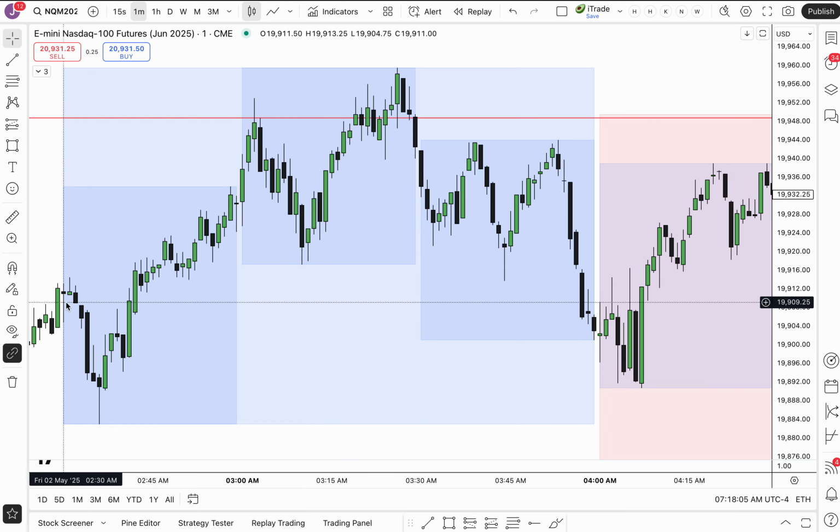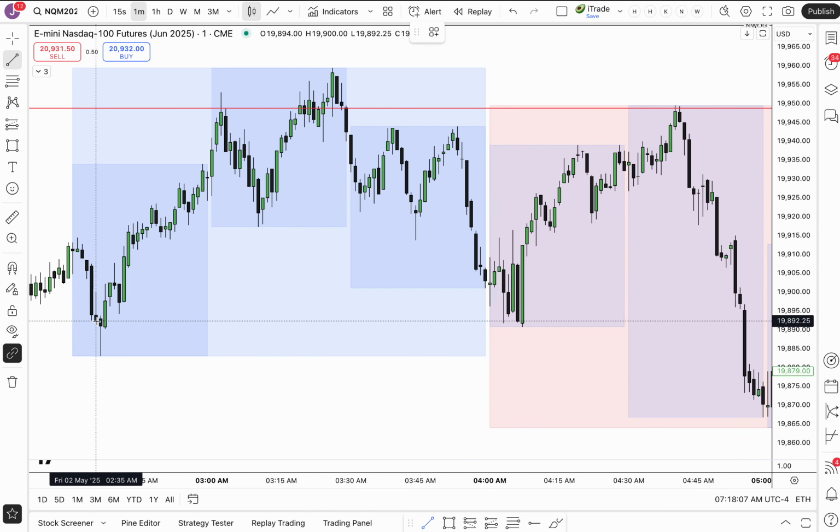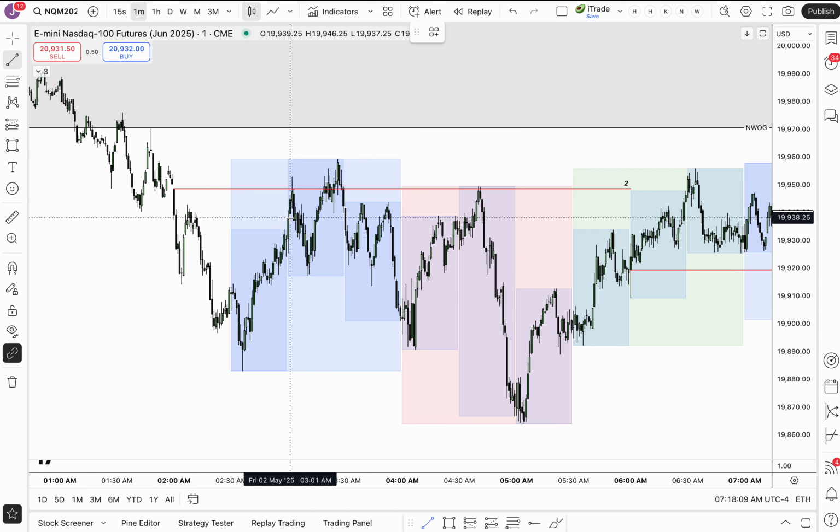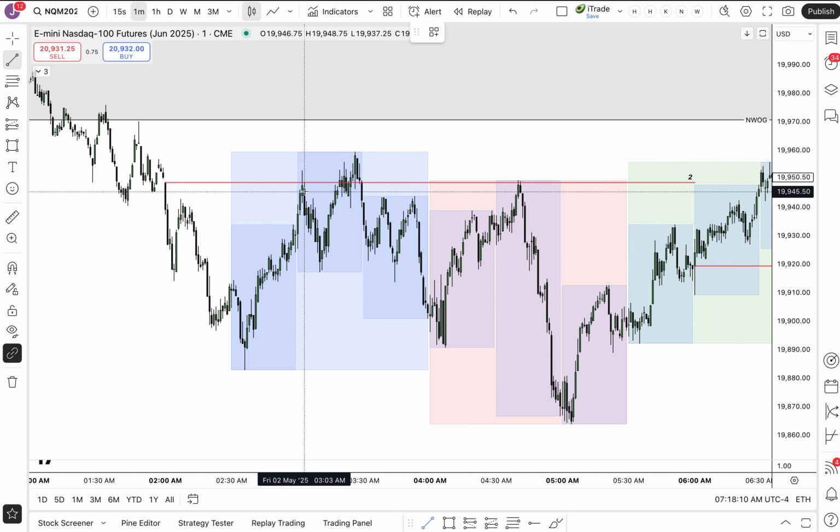So cycle opens down here. It's also 2 a.m. open there. Cycle open. Okay, we run higher, making highs, taking liquidity, and then right around here we get a gauntlet.